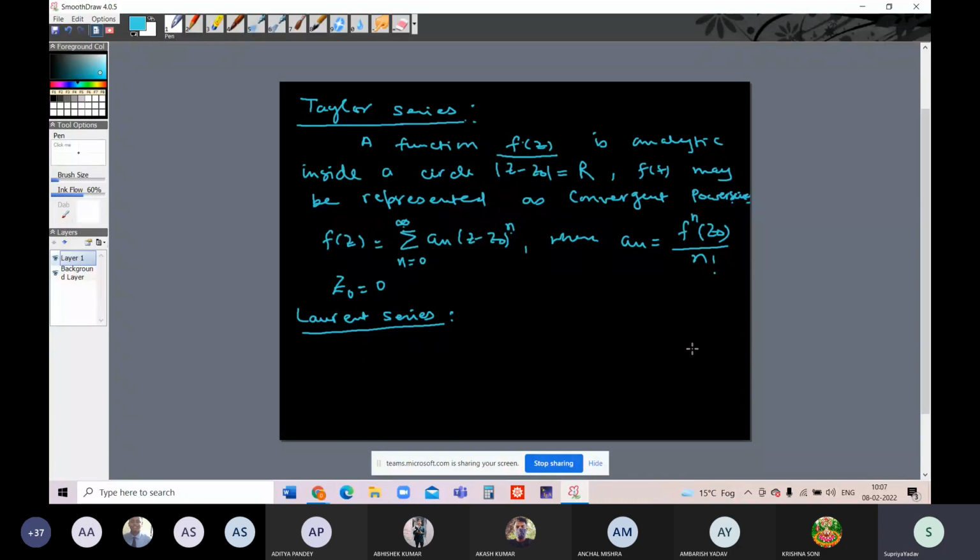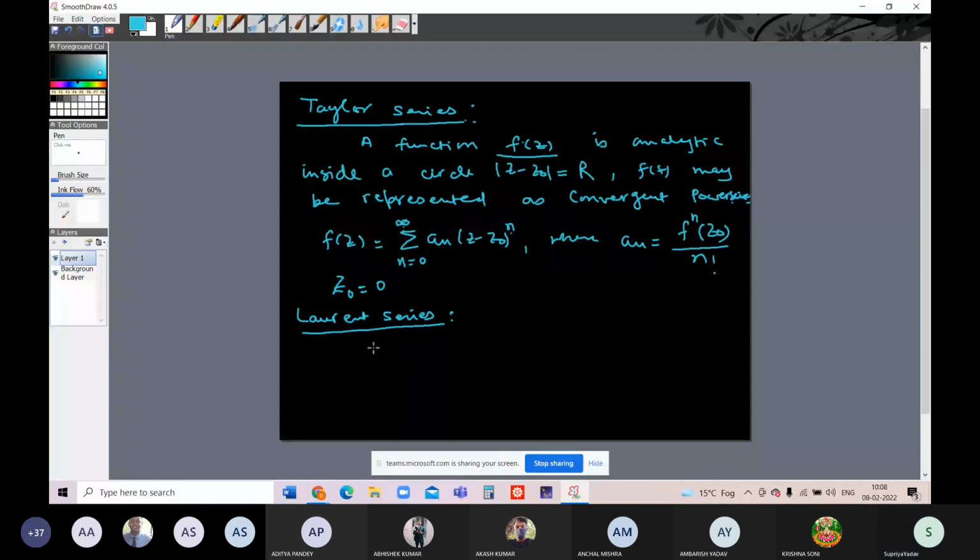We can exclude that point, and in the remaining part of the circle the function is analytic. Then we can also represent that function as an infinite series, but that series will be a Laurent series, not a Taylor series. The Taylor series contains only non-negative powers of z - z0, but the Laurent series also includes negative powers of z - z0.